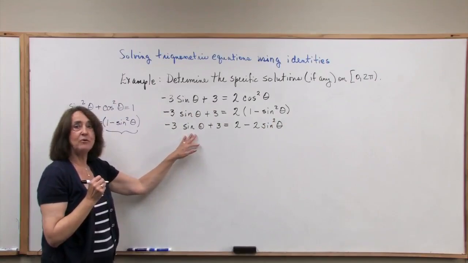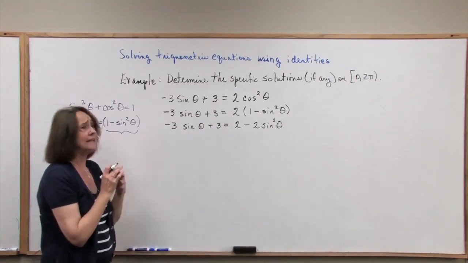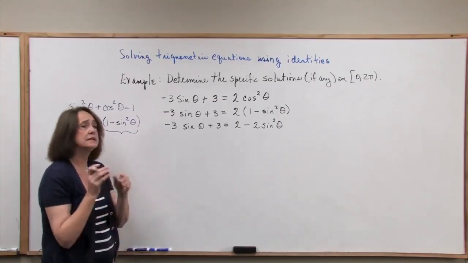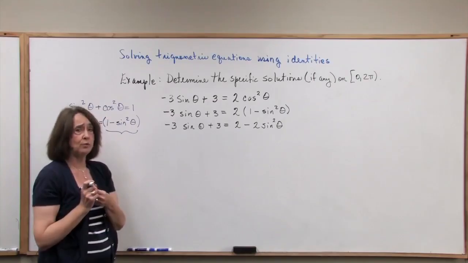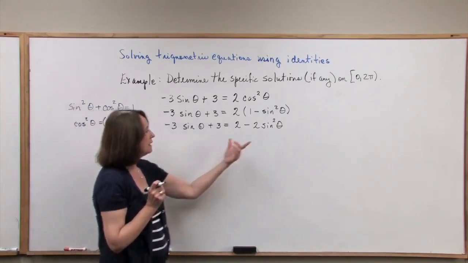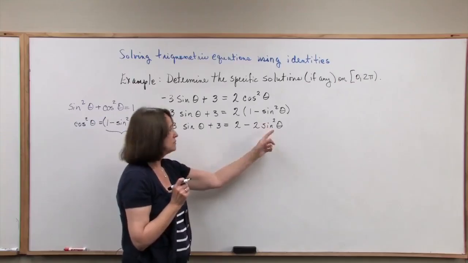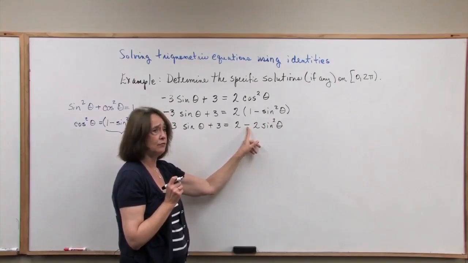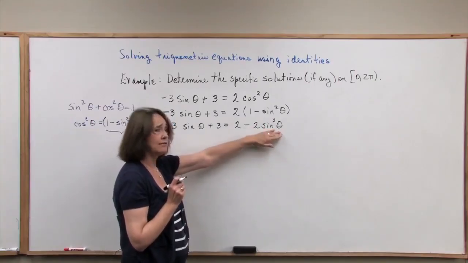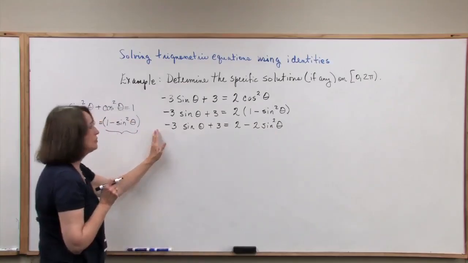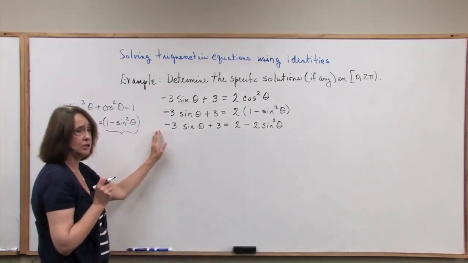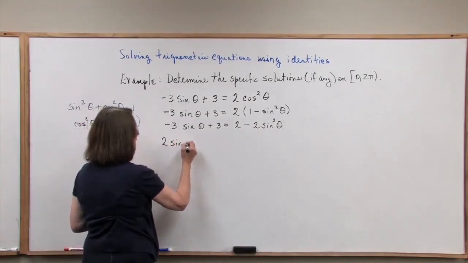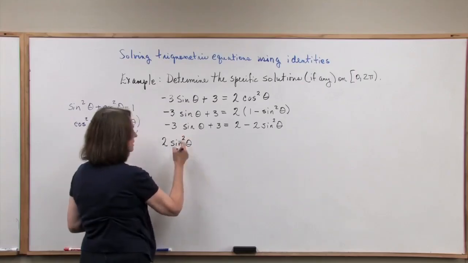Okay, let's see what we're going to do now. We need all of the terms on one side of the equation set equal to 0 so we can factor. The squared term, sine of theta squared, has a -2 in front. So I'm going to take that term to the left side of the equation by adding 2 sine of theta squared.